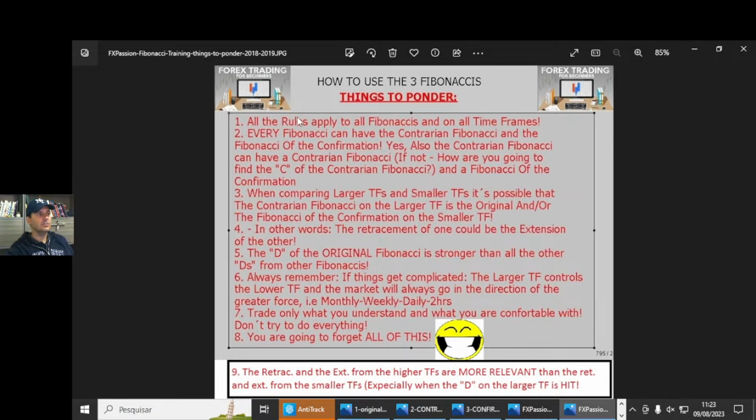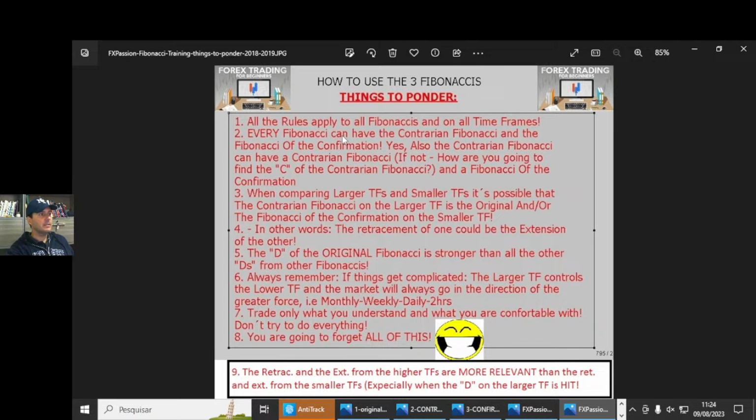All rules apply to all Fibonaccis and all time frames. Another rule, whatever Fibonacci you trade, the original one, the confirmation one, or the contrarian one, stop loss goes above or below the capital A of the Fibonacci that you are trading. It's a pattern.